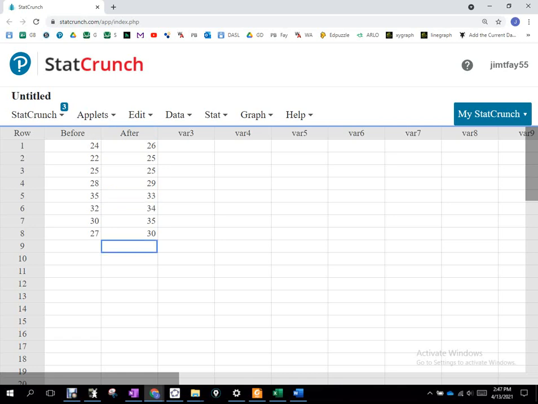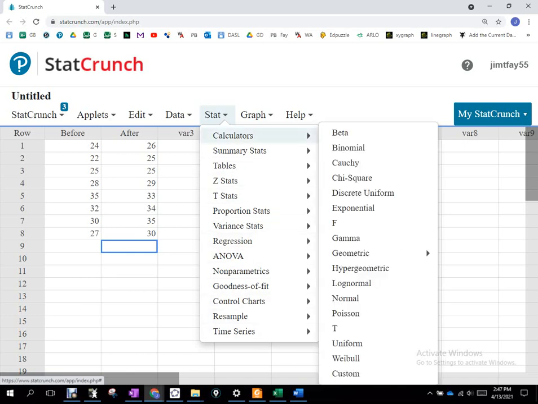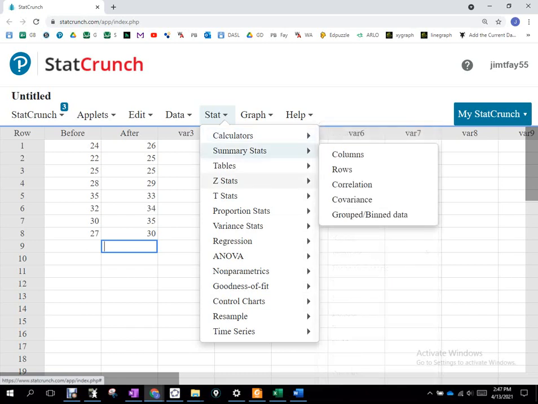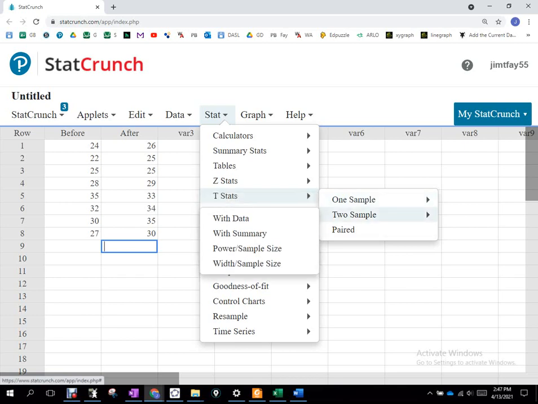All right. Now, what we're going to do is we're going to go to Stat, and here's where we still have to understand our mathematics. We have to understand what we're really doing, because there's a lot of options here that I could pick. I have to know the scenario, establish that I was going to use a t-statistic, okay? And when I open that up, it gives me these options. And we talked about these yesterday. This was like chapter 9, if I had to do hypothesis testing with one sample or a confidence interval with one sample.